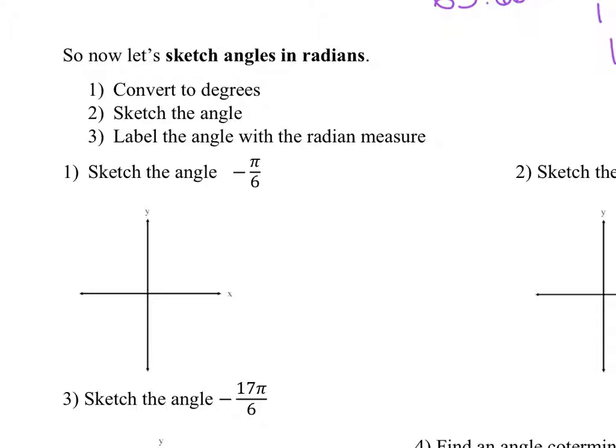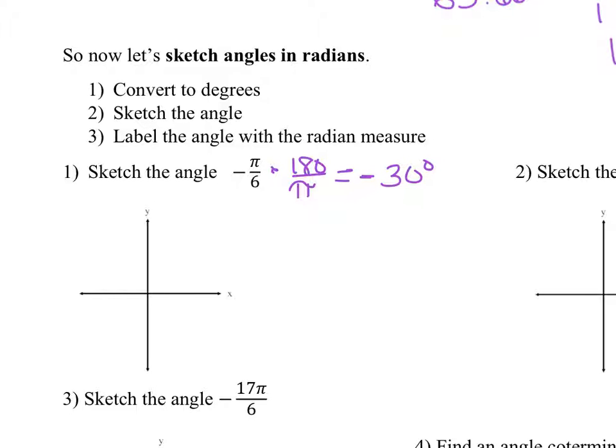So then you have to do what we did yesterday, sketching an angle, but now we have to do it with radians. So you have to convert. So if you don't know what this is, you have to convert it. So if we want to convert from radians to degrees, remember we want to get rid of the pi, so the pi goes on the bottom. And then we solve this one, the negative's still there, so it becomes negative 30 degrees.